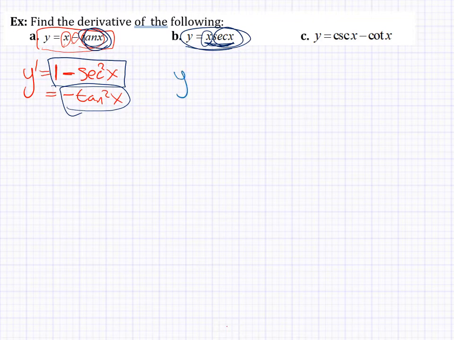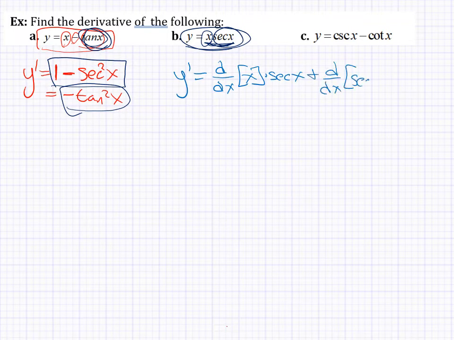So y prime would equal, and I'll write this out just so we get used to it again, the derivative of x times secant x plus the derivative of secant x times x.